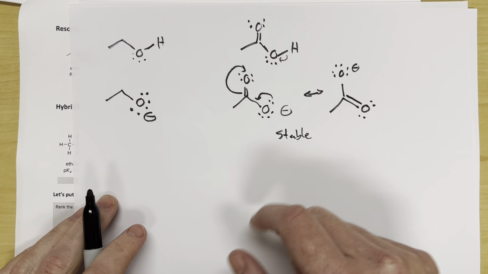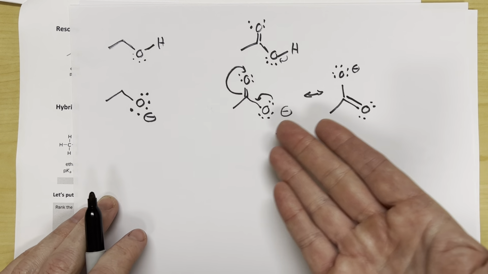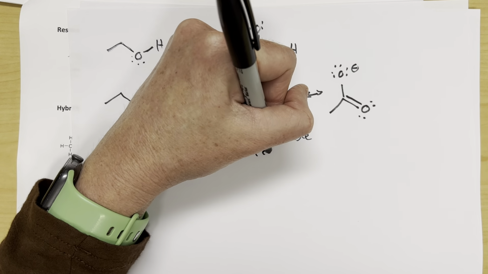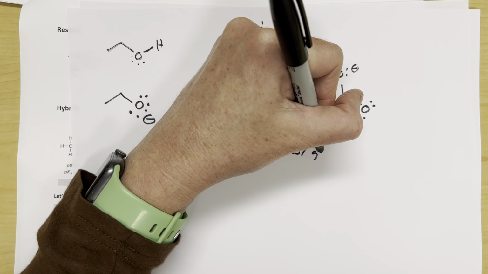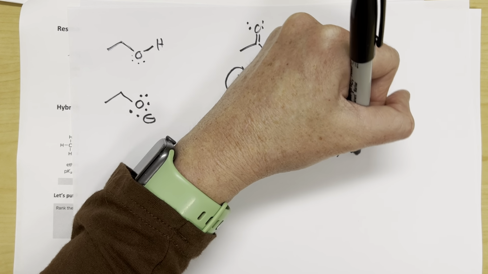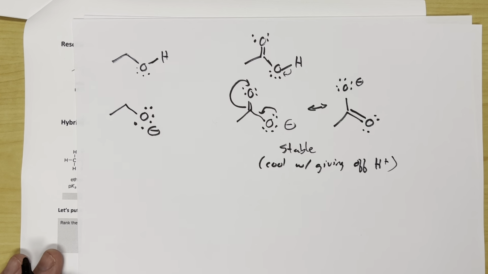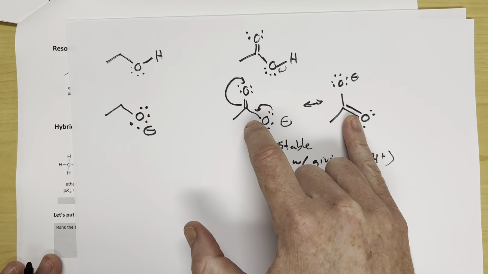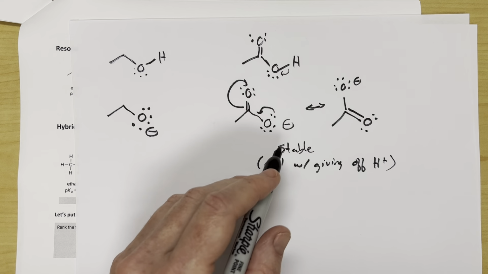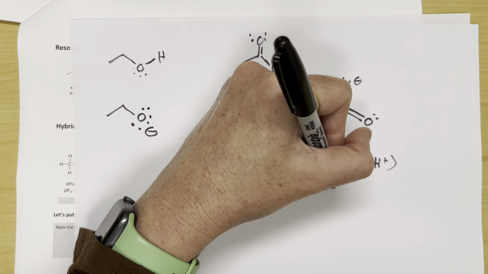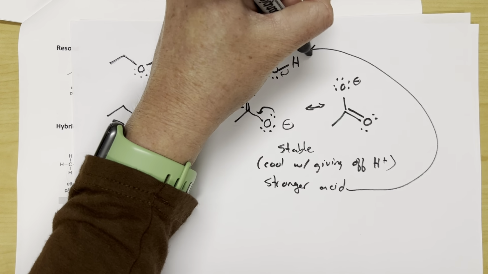And because it's more stable once it gives off H+, it's more likely to give off H+. It's cool with giving off H+, because it's still going to be stable anyway. It doesn't bother it that much. And so because of that, this one is going to be a stronger acid.